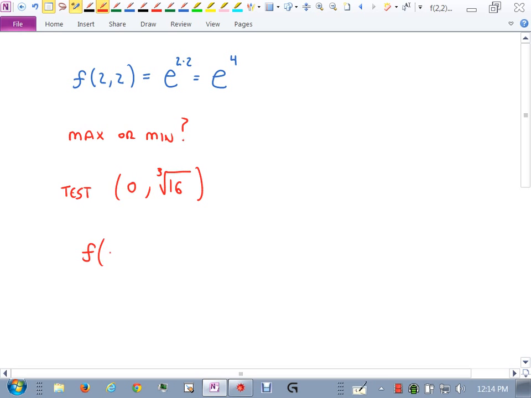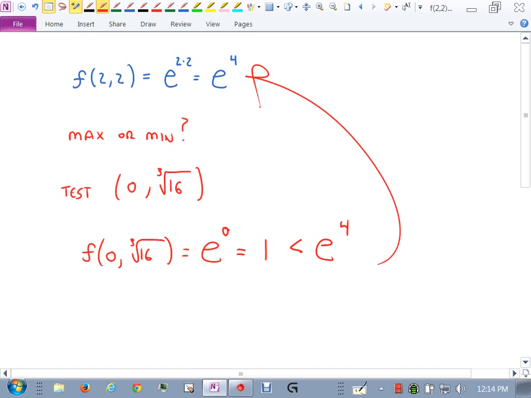F of 0, cube root of 16 gave us e to the 0, which was 1, which is smaller than e to the fourth, which means that it was a max. Therefore, the point 2, e to the fourth is a max.